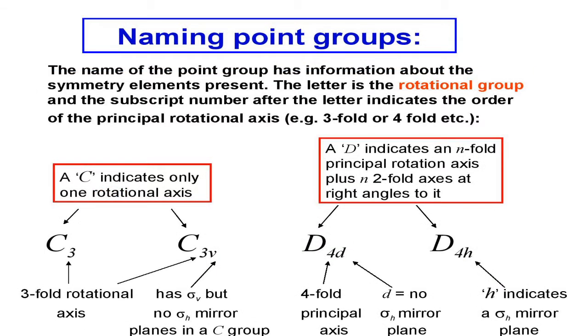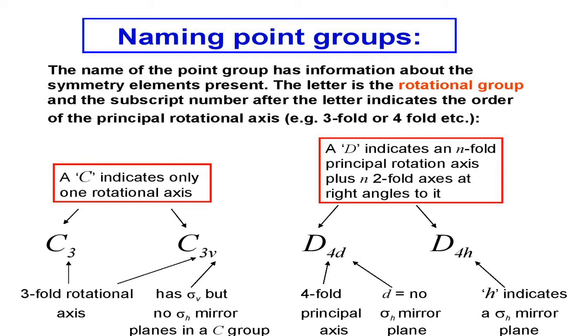Next, we move to the naming of the point group. The name of the point group has information about the symmetry element present. The letter is the rotational group and the subscript is the number after the letter, which indicates the order of the principal rotational axis. For example, if you see this C3, C indicates only the rotational axis and 3 indicates the threefold rotational axis of the particular molecule.